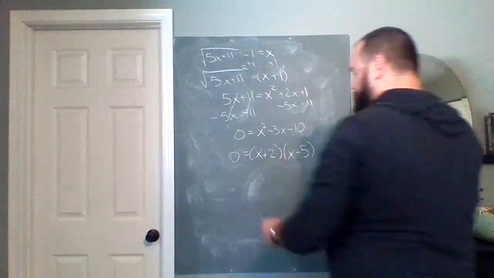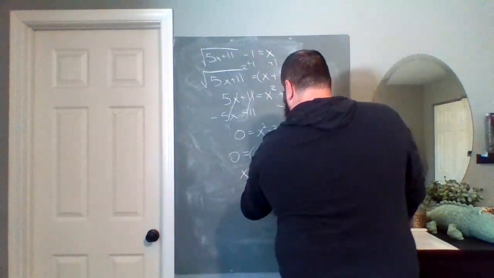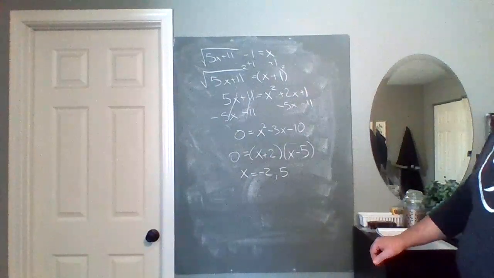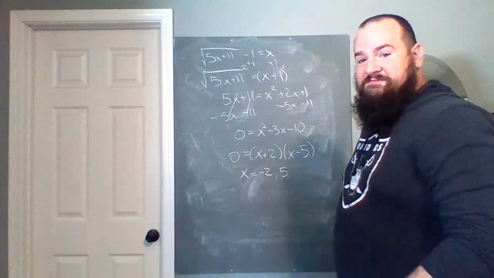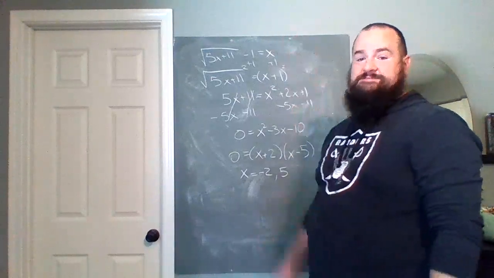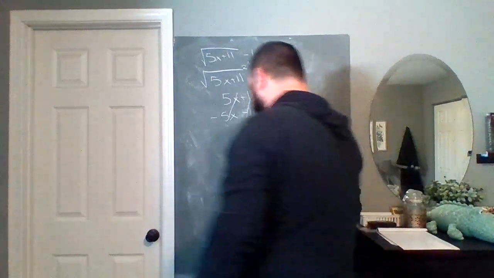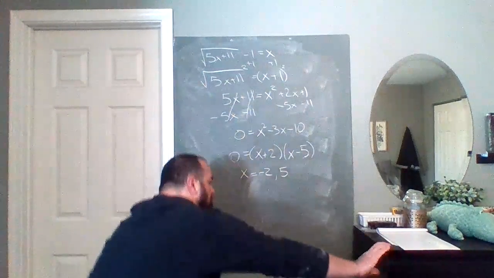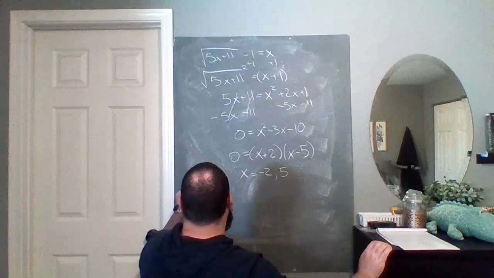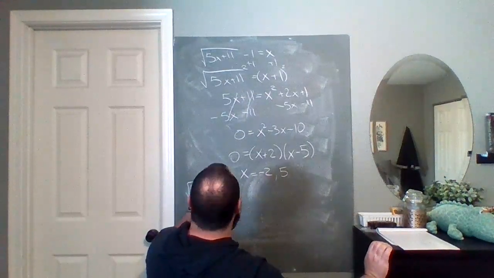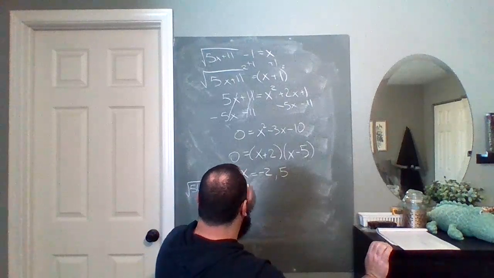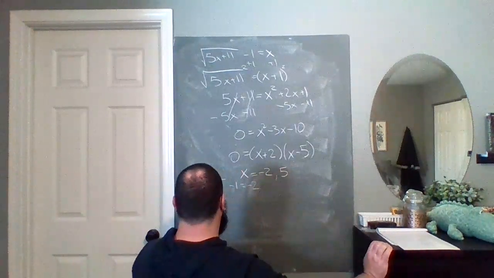That means our potential solutions are negative 2 and 5. So now we need to go back to our original and check these. So, 5 times negative 2 plus 11 minus 1 plus negative 2.